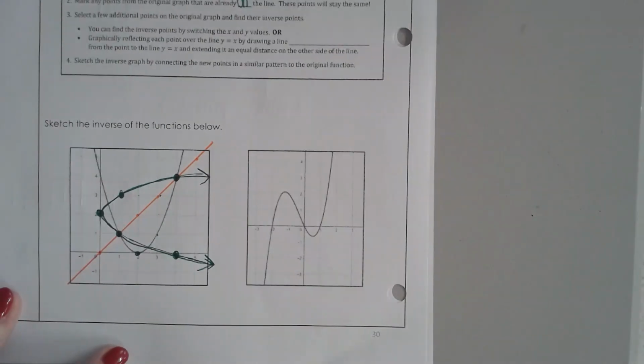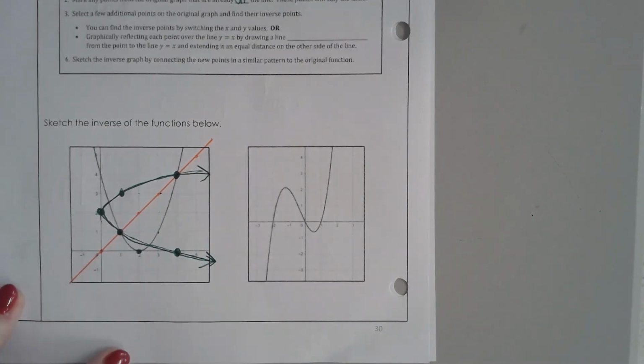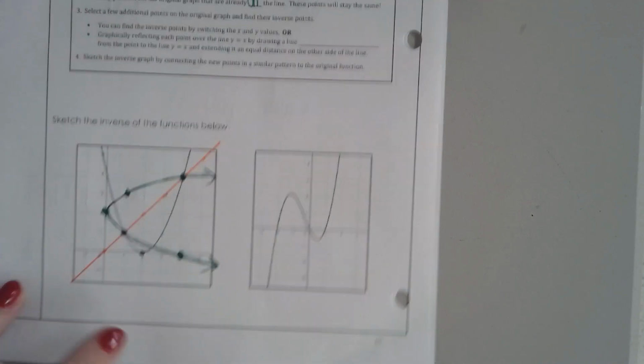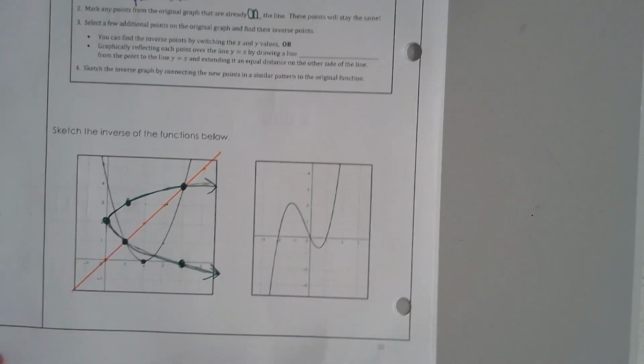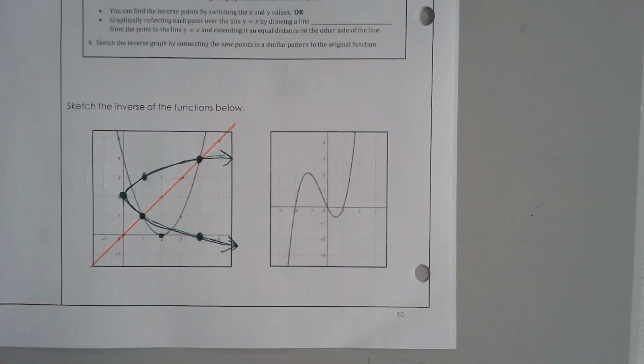We'll do another one before you decide that it's too bad. You won't have to actually do this on the AP exam. You won't have to draw the function and its inverse, I don't think. They're very specific about the types of things that you will have to do, like on the free response.